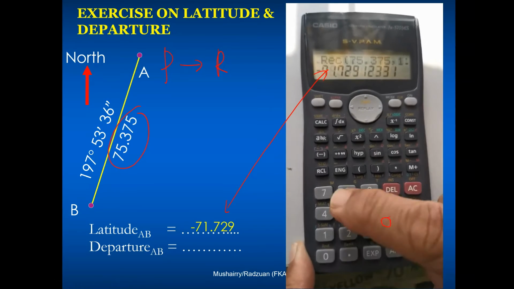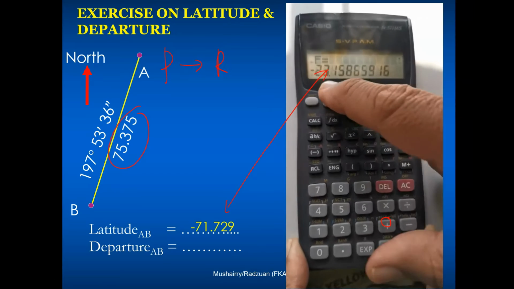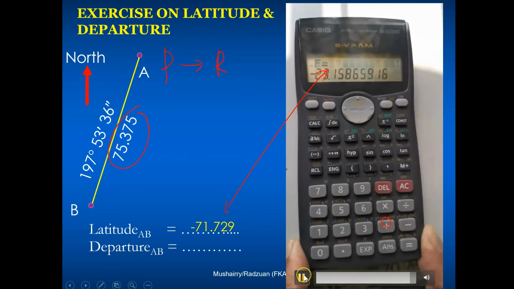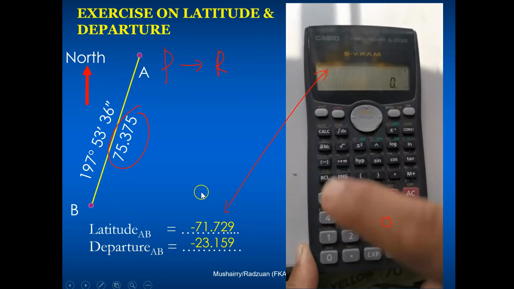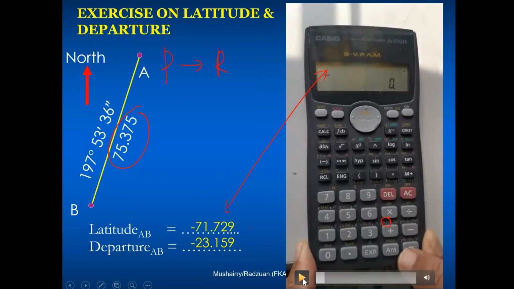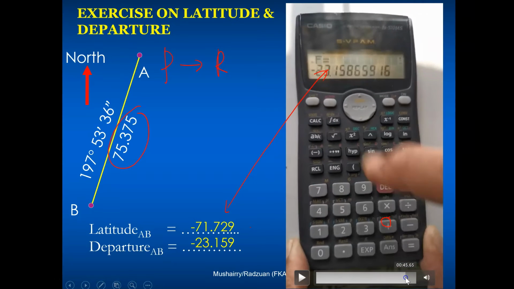Then press recall tangent, so that will give you your departure, which is 23.159. I'll just bring that forward there. So 23.159. So that's now equal to that.